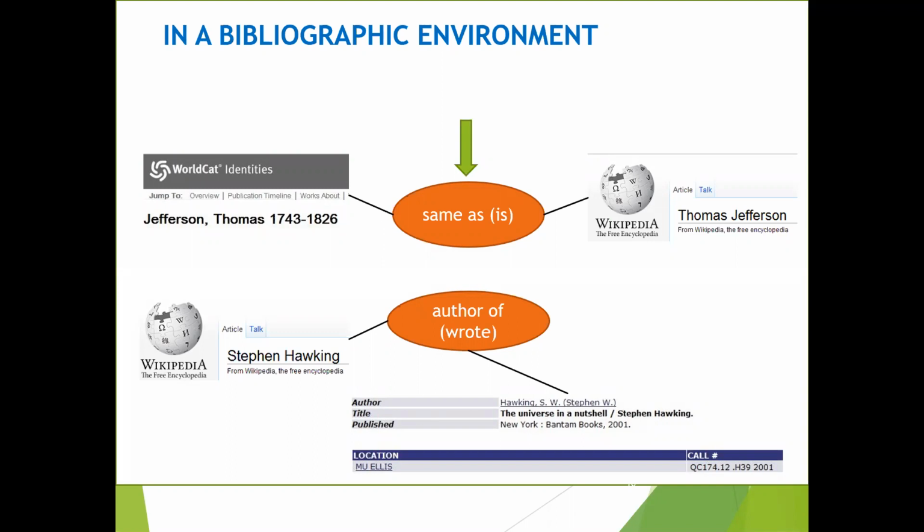We know from looking at the author, the title, and that subfield C where Stephen Hawking is, that that's a relationship. But we really haven't told the software that. We haven't told the system that. So what we know to be true, the system doesn't necessarily know.